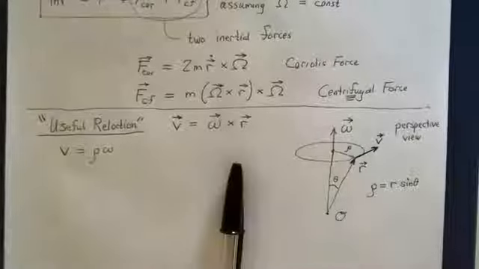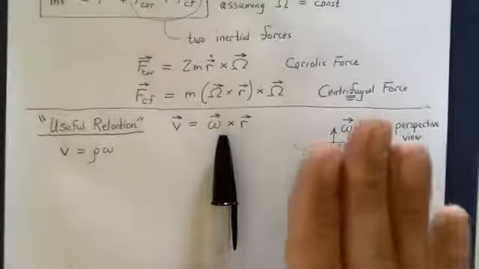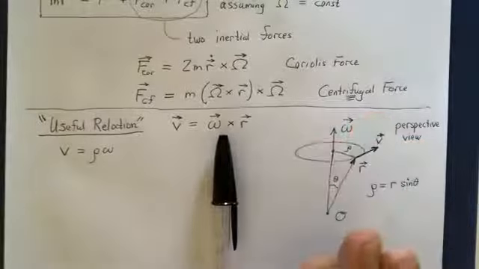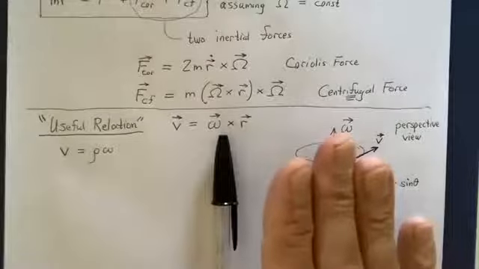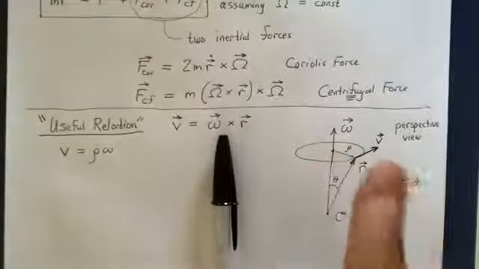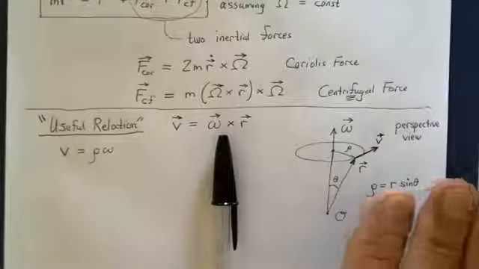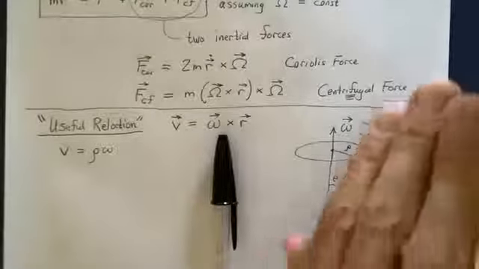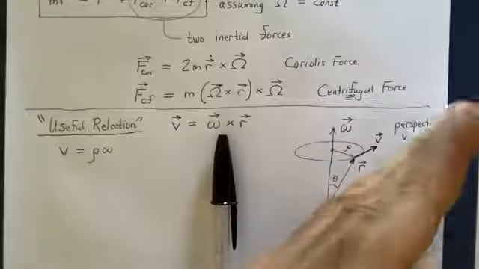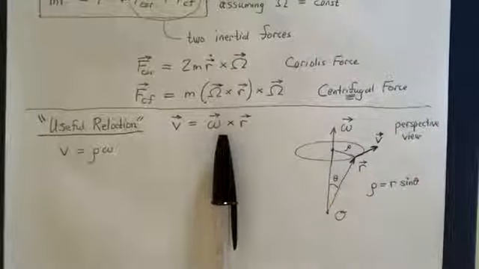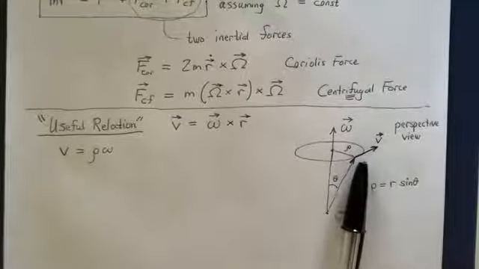If you compute omega cross r, remember for a cross product, you take your right hand, you orient your fingers so they're pointing in the direction of the first factor. You have some freedom to rotate your hand about that direction. You must use that freedom so you can sweep your fingers to the second factor. So I've got to go like this, sweep. That's the only way to do it. And then your thumb points in the direction of the cross product. So it's a nice example of the right-hand rule.